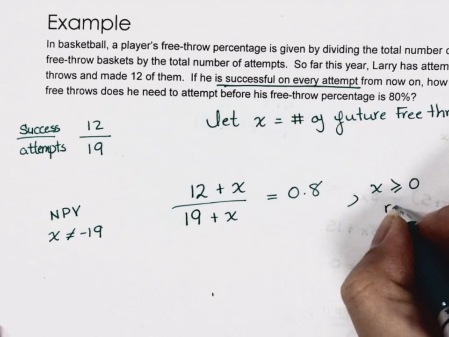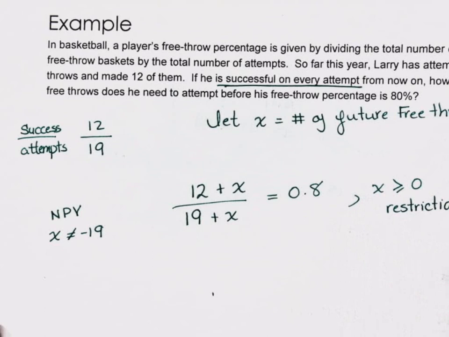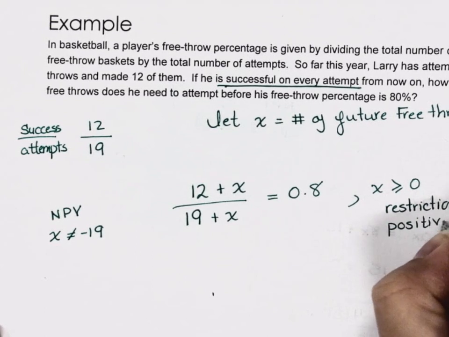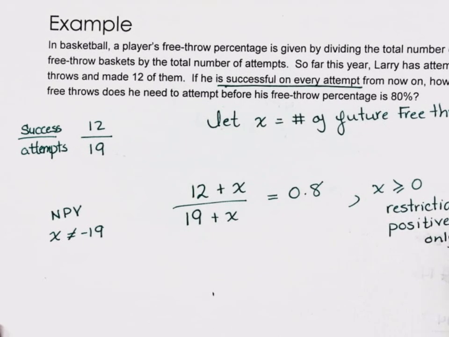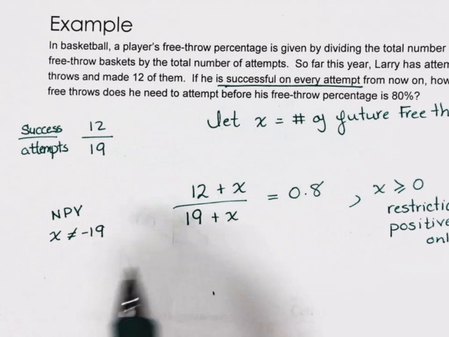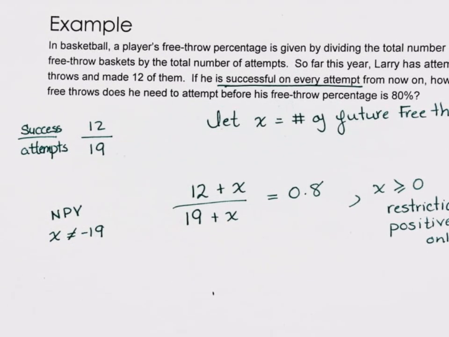So that's a restriction. And this is what it absolutely can't be, because if we put 19 in here, it's going to give me a 0.